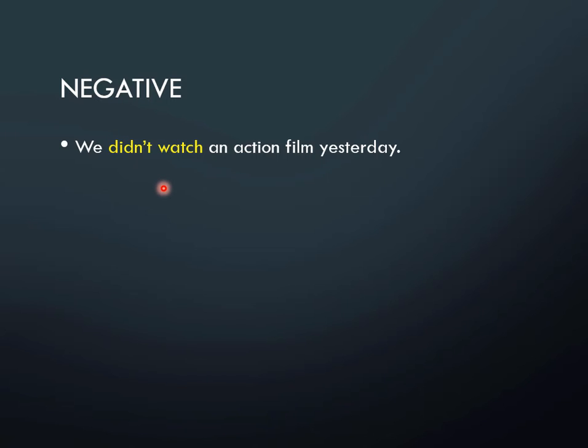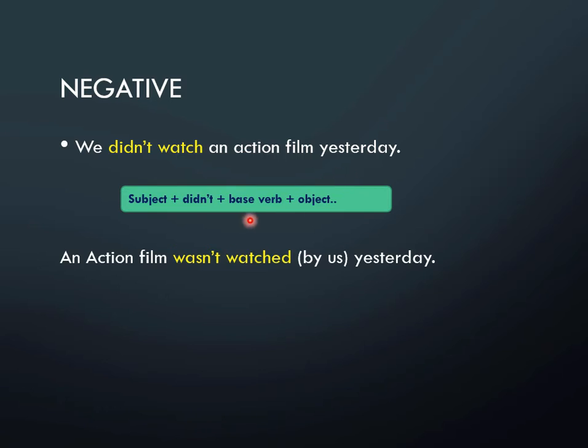And if you look carefully at the verb watch, you will notice that it's a base verb or infinitive without any addition. How can we change this into passive in the past simple? Here the structure of the active is: subject, didn't, base verb, and after that the object. But in the passive voice, we start as usual with the object, an action film.